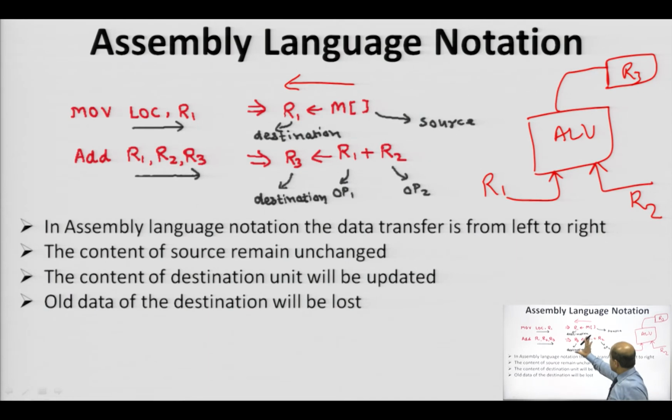After this operation, the content of R1 and R2 will remain the same. However, the content of the destination, R3, will be updated. This is how the register transfer operation takes place.